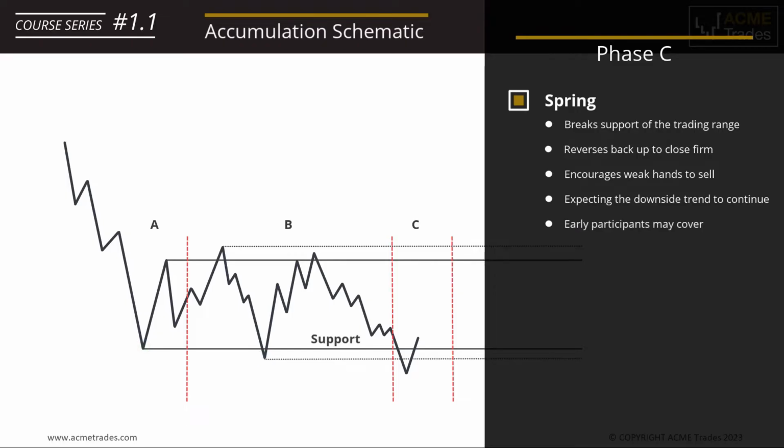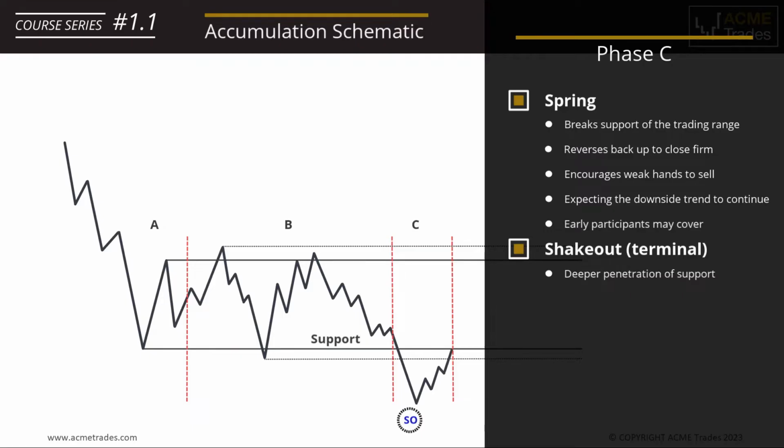Another phase C event instead of a spring would be known as a shakeout. In this instance, within accumulation, a terminal shakeout. And shakeouts will invariably penetrate deeper through support, like so. And it will take more bars to recover back above support rather than reversing on the same bar like a spring. The terminal shakeout is more of a violent action that will literally shake the weak hands out of position.